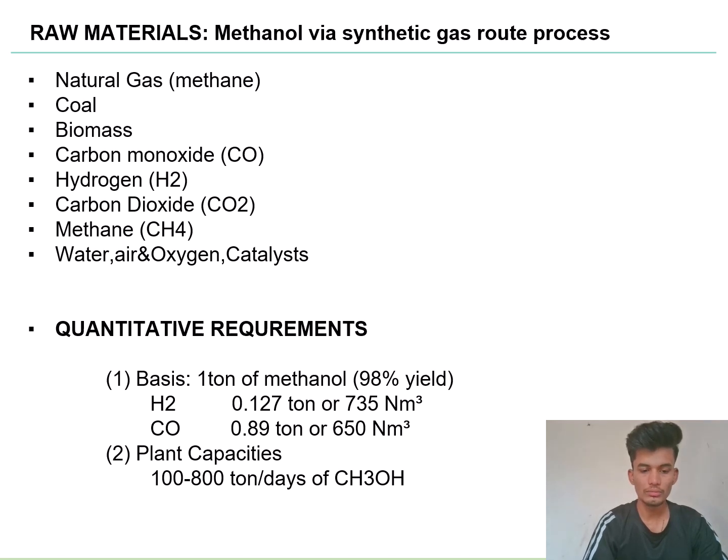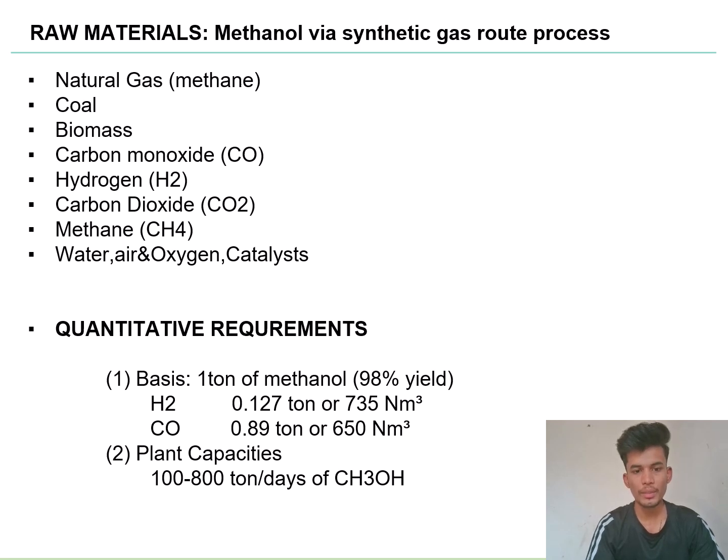There are two methods of methanol production. First one is catalytic hydrogenation of carbon monoxide, and second one is oxidation of LPG. So about raw materials. Raw materials include natural gas, coal, biomass, carbon monoxide, hydrogen gas, carbon dioxide, methane, water, air, oxygen, catalyst.